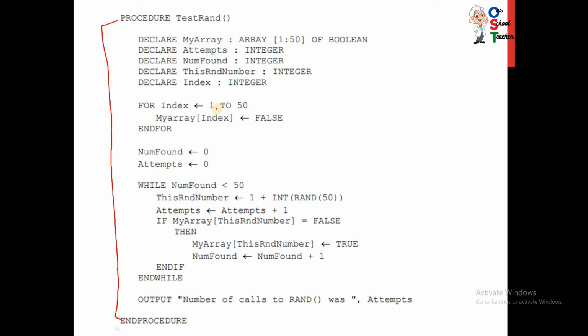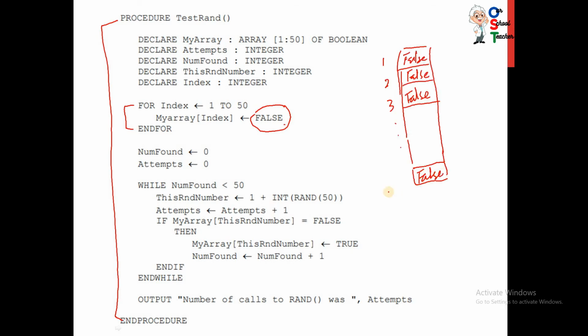After this, they are running a FOR NEXT loop from 1 to 50, with the Index counter, and MyArray has been filled with false. All the elements of this array have been filled with false. After this, they are initializing NumFound and Attempt both to 0.